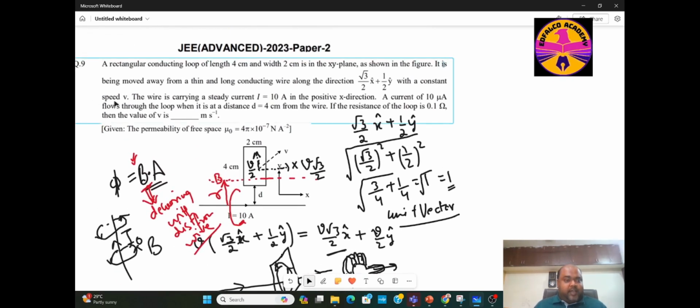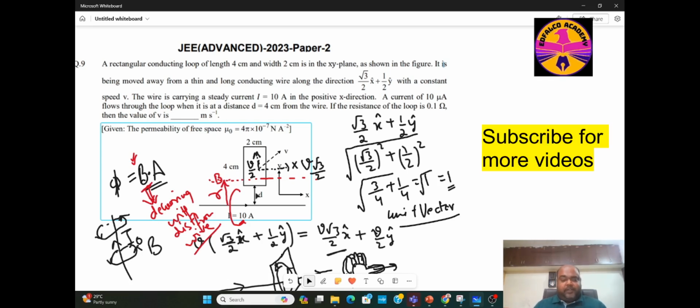So it was moving with a constant velocity v. We know that there is a 10 ampere wire, and there is a loop which is producing a current of 10 microampere, right? So we have already found out what direction it might be. So when it is being pulled, there will come a point when there is some distance d from this long infinite wire.